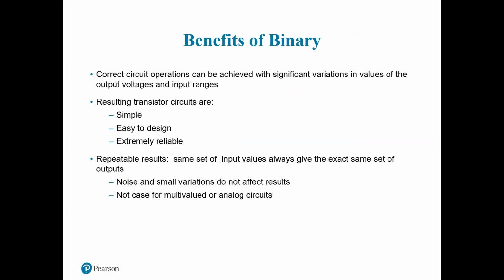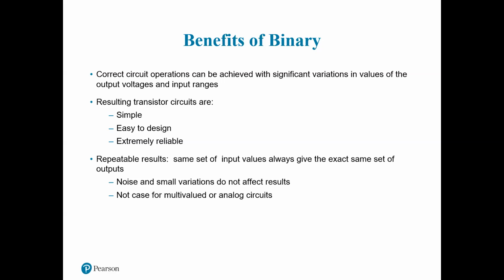What are some benefits of binary? Correct circuit operations can be achieved with significant variations in values of the output voltages and input ranges. The resulting transistor circuits are simple. They're easy to design. They're extremely reliable. Why are they extremely reliable? Because we can have repeatable results.